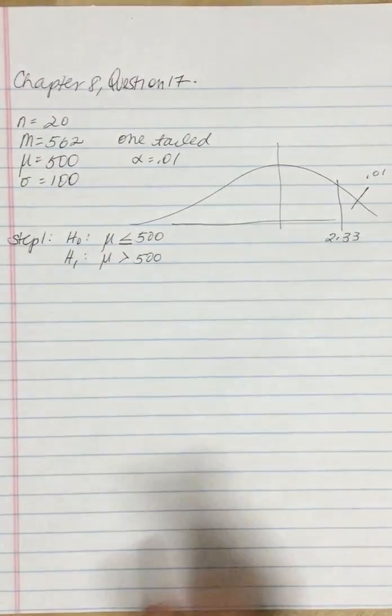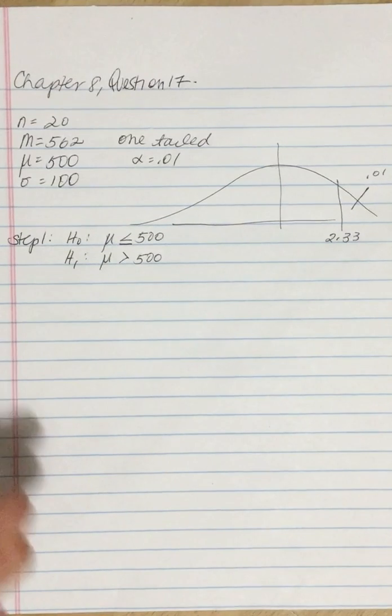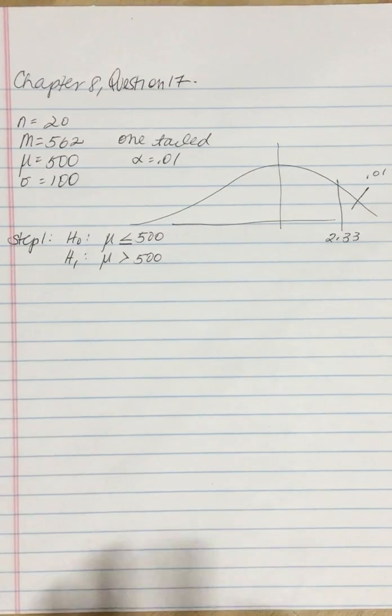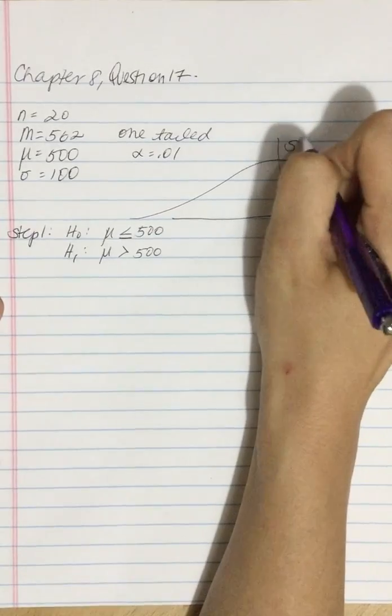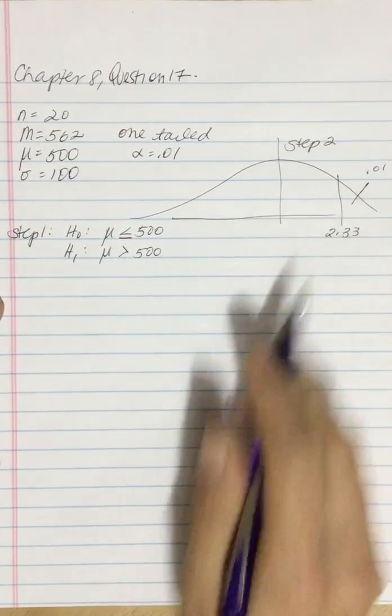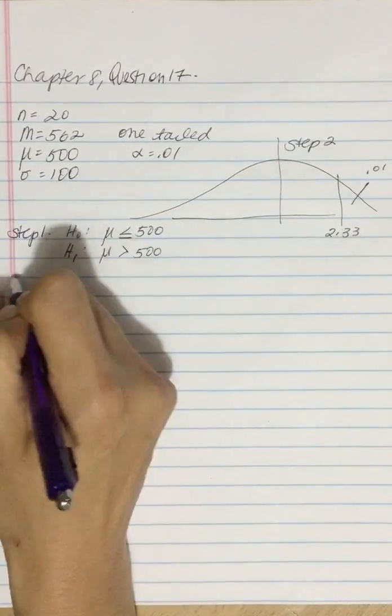So they have to be mutually exclusive and exhaustive. So if it hits right on 500, that is a fail to reject the null hypothesis. So that's step 1. Step 2 is over here. I kind of jumped the gun on that.